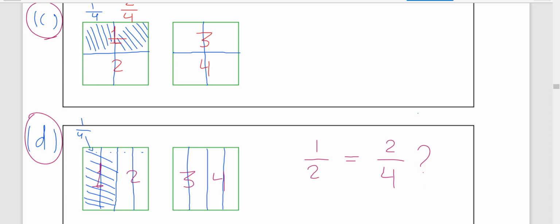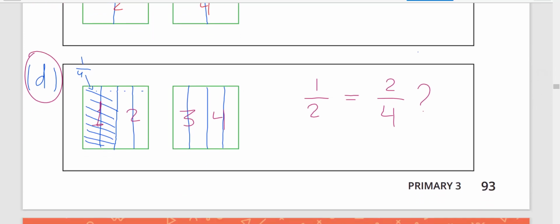Yes or no? First, draw a square divided into two equal parts like this. This part is half.